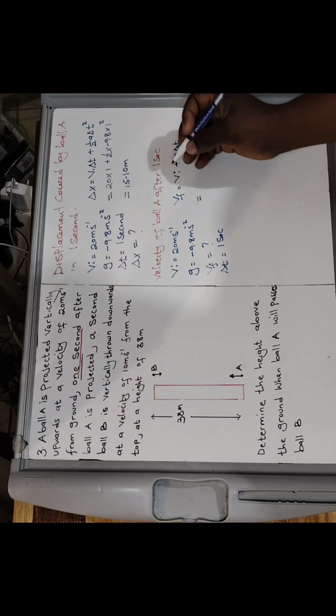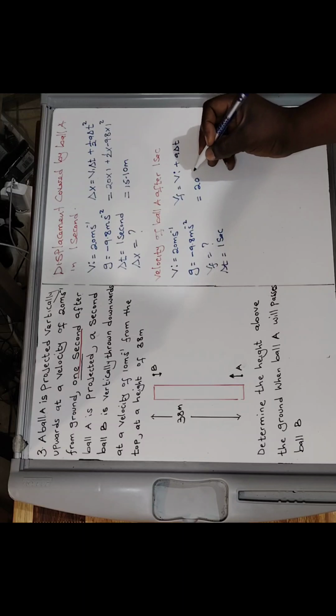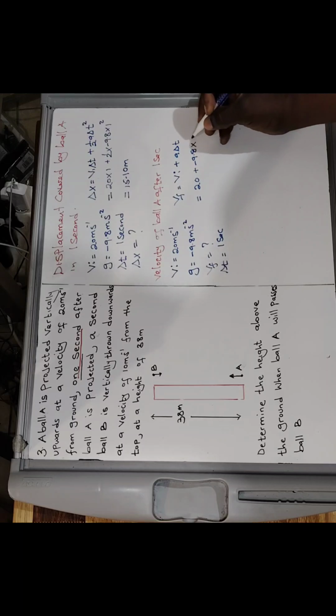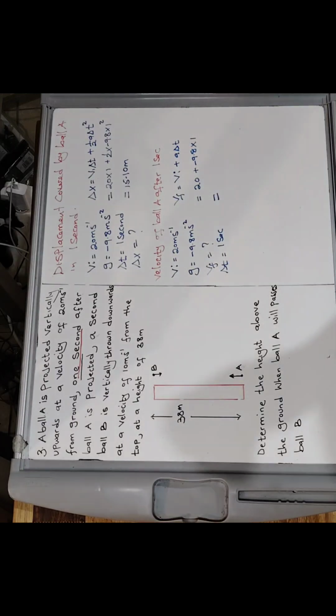We are looking for vf. Vi is 20 plus negative 9.8 times 1 second. What you get here will be the new velocity.